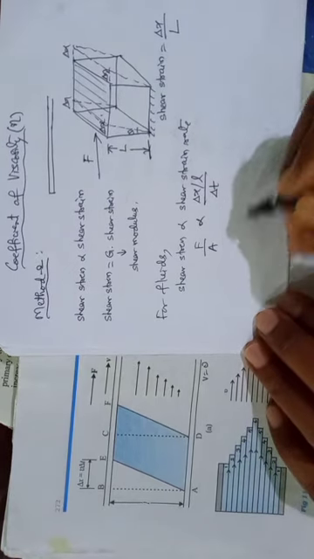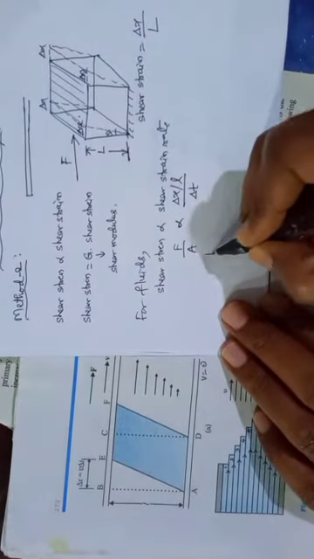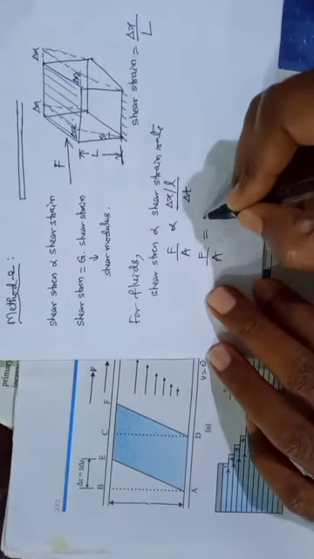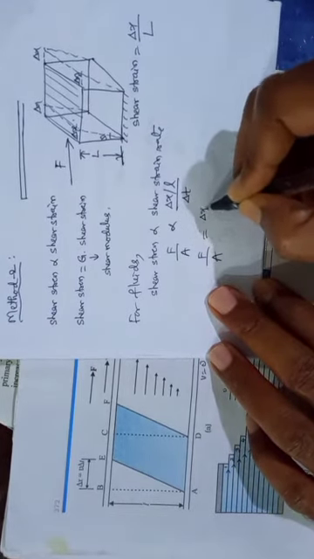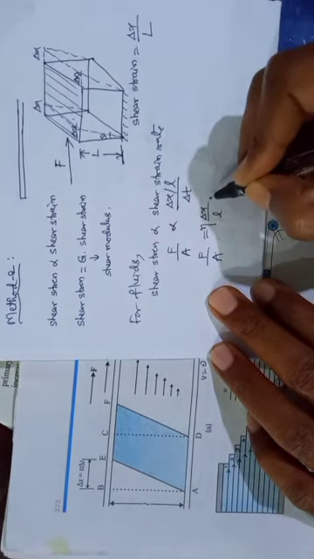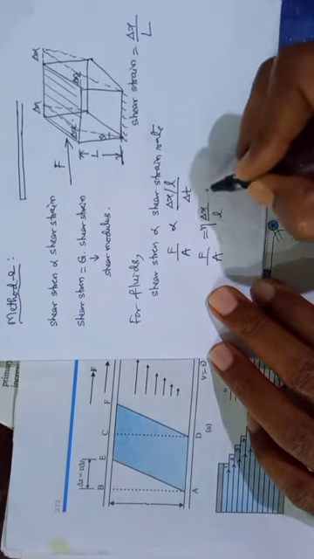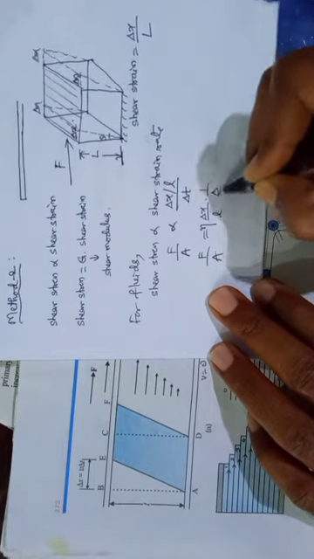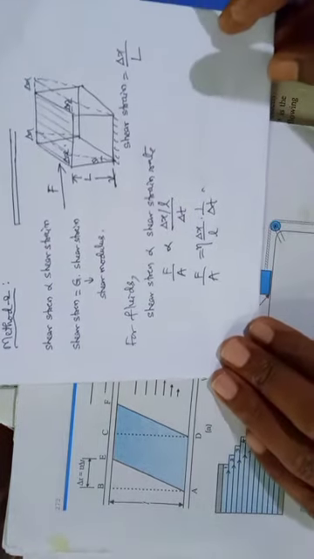Now replacing the proportionality with a constant eta: F by A equals eta into delta x by L into 1 by delta t.